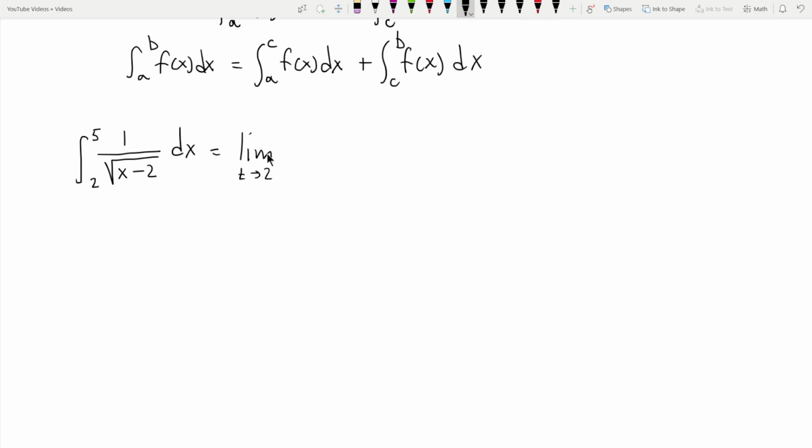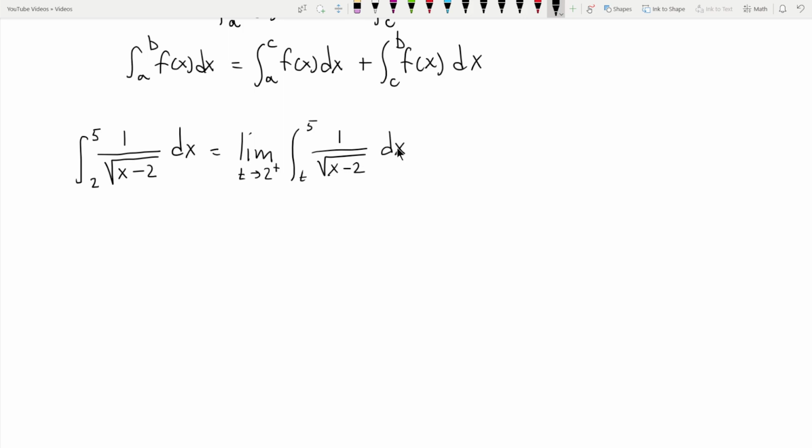Since it's the left-hand bound, we're approaching 2 from the right, of the antiderivative from t to 5 of 1 over the square root of x minus 2 dx. That's my infinite side.